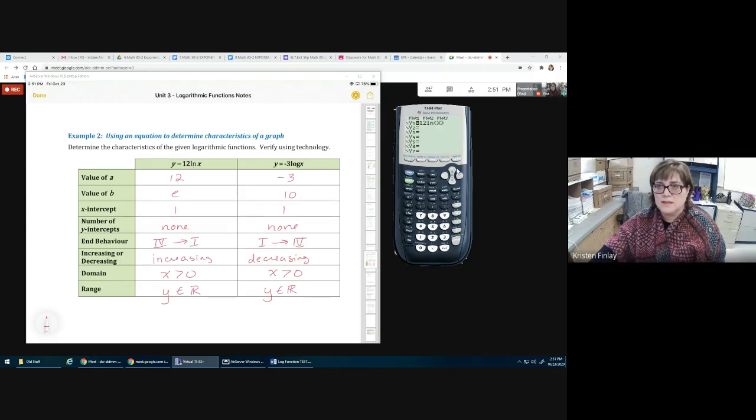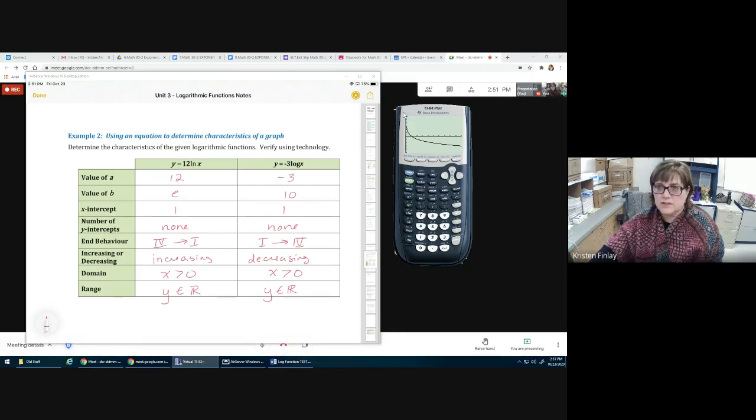Okay, now let's test the other one. Just to make sure, doesn't hurt, -3 log x. And we're going to graph that. So let's check. Our a value is -3. Our b value is 10, because that's log base 10. There's one x-intercept, right? Number of y-intercepts, there are none.